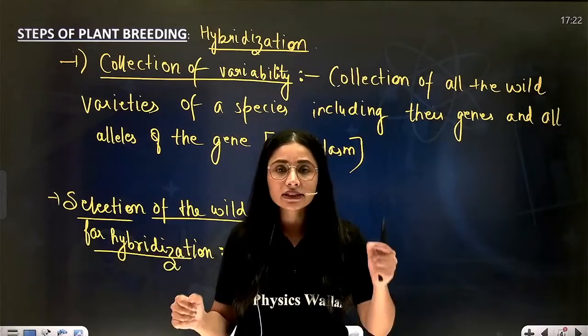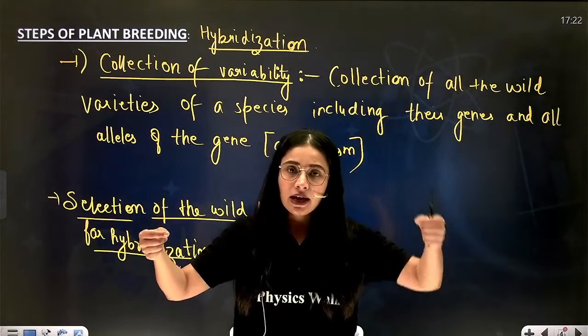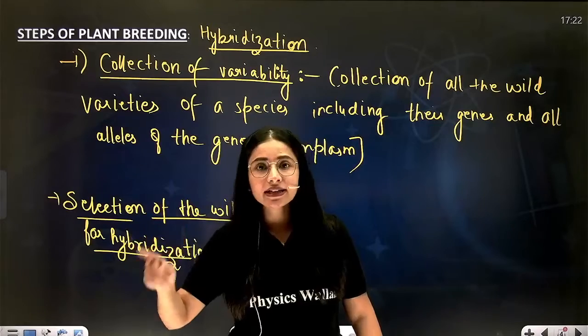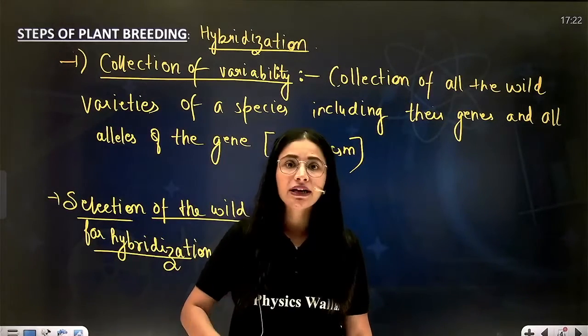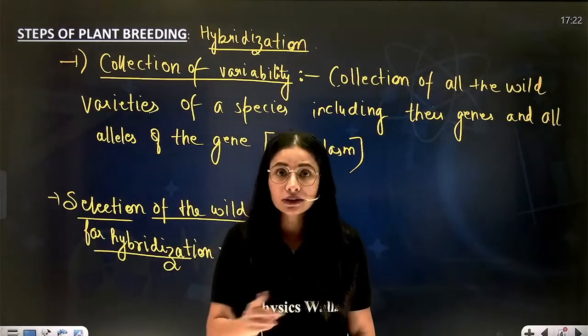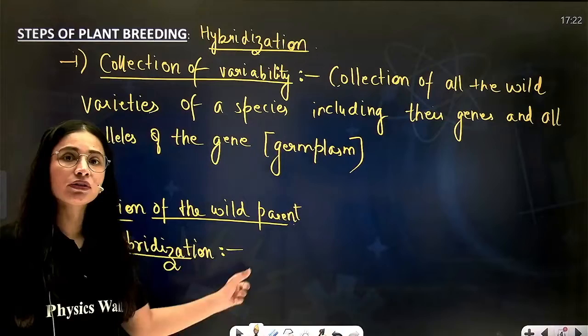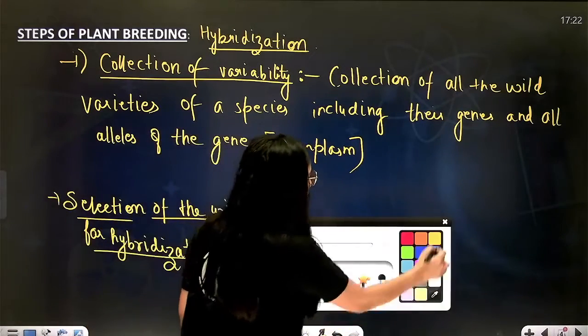So what scientists will do? They will pick both the varieties of the species and will perform cross fertilization, cross pollination, hybridization in order to develop offspring having both the good qualities of the parent. So second step is selection of the parent as per the requirement, as per the need.